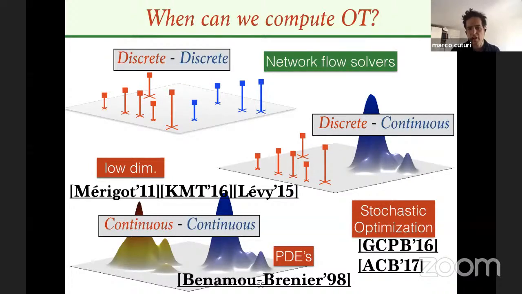But if you are in a higher dimension, as you can probably see, we will need some form of stochastic optimization. We will need to sample from this continuous distribution. We won't be able to actually use it as a whole. And if you're transporting from a continuous to a continuous distribution, this is more the setting that people like to consider in PDEs. And this is more also the setting that you will see in most mathematics books. This is where it is typically covered.